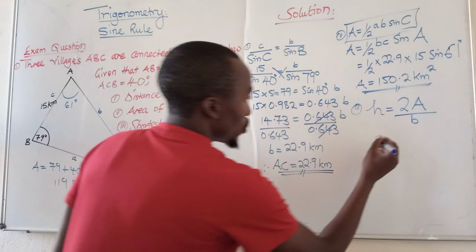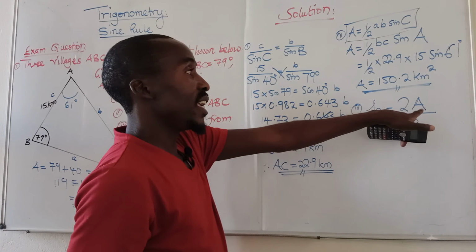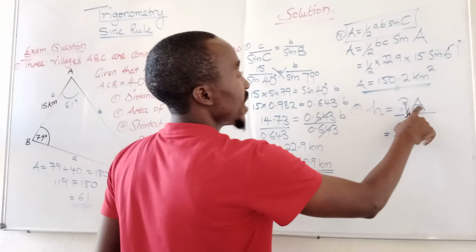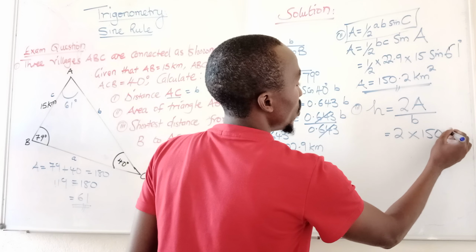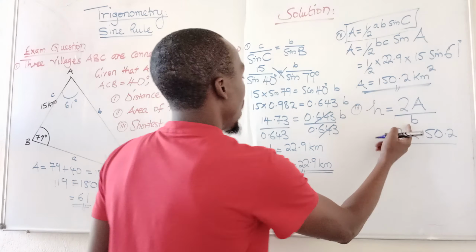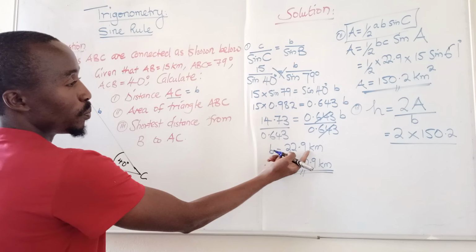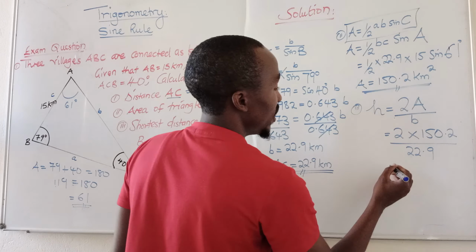So this will be equal to 2 times the area. Where there is the A, just put the area that you have found here, 150.2, over our B, which we already found, 22.9. So we put 22.9 there.